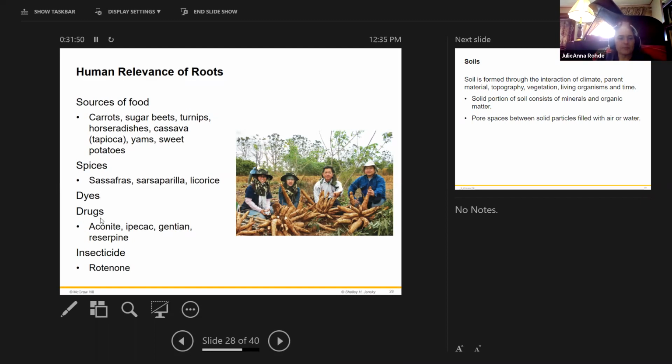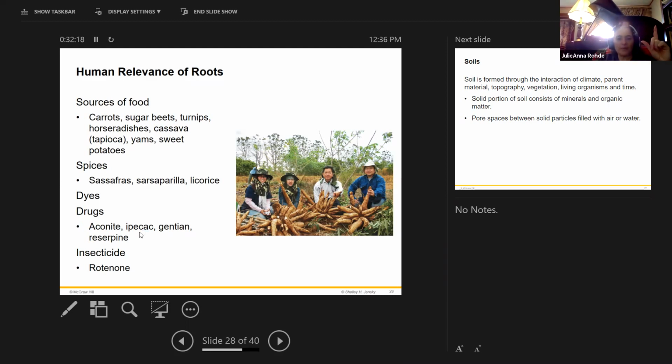Of course, drugs. Aconite, that can be pretty dangerous. I'm not really sure what that's used for in a good sense. Ipecac is something that you would take to induce vomiting. You go to a health food store and you can buy a homeopathic that has Ipecac in it.